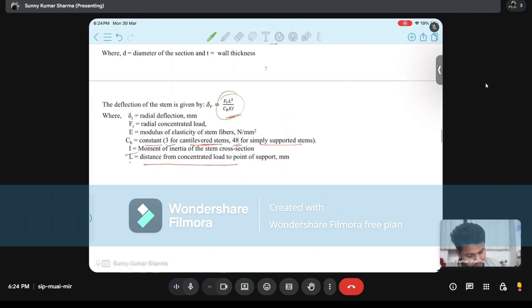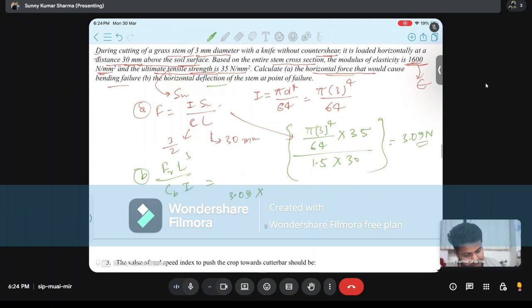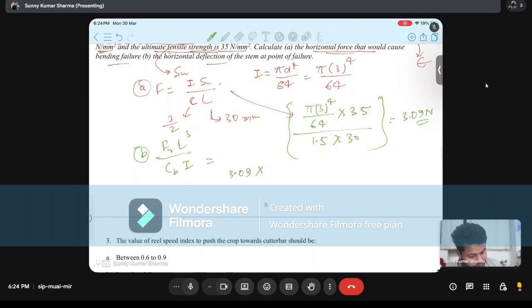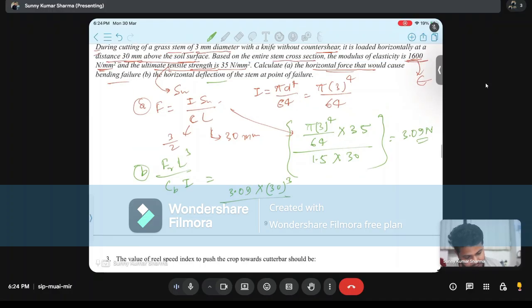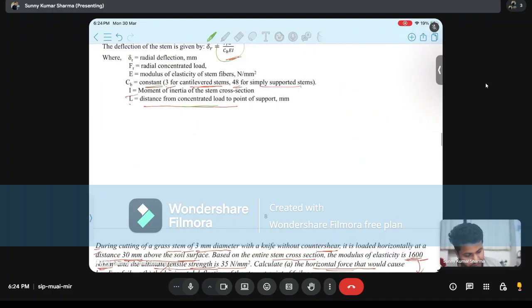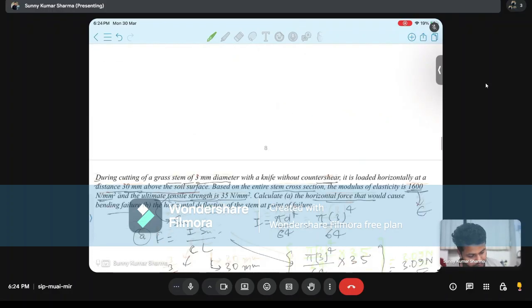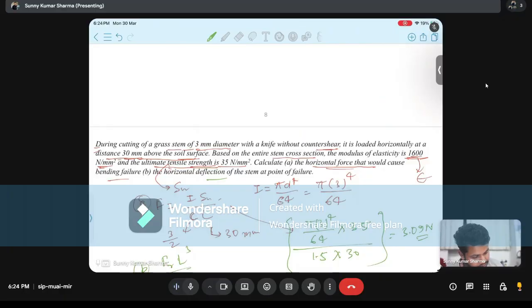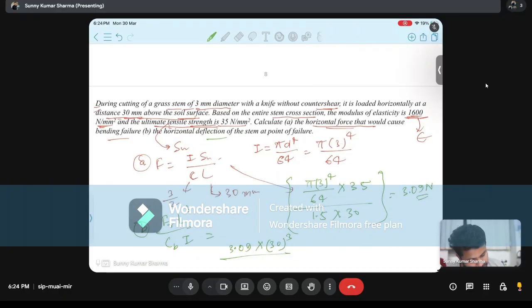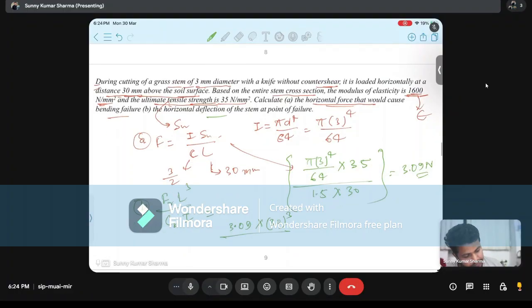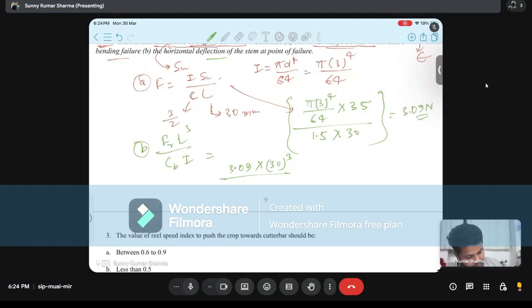L is the distance from concentrated load to point of support, that is 30 mm. So this is 30 mm cubed by Cp. Cp is the constant, 3 for a cantilever. So this will act as a cantilever, so it will be 3, and I is this value.